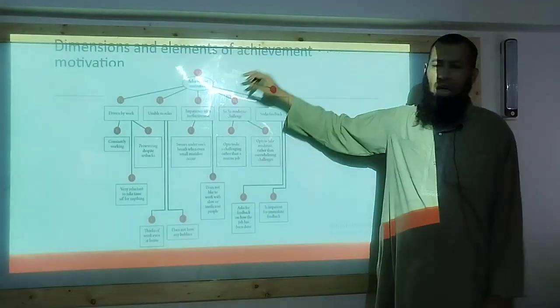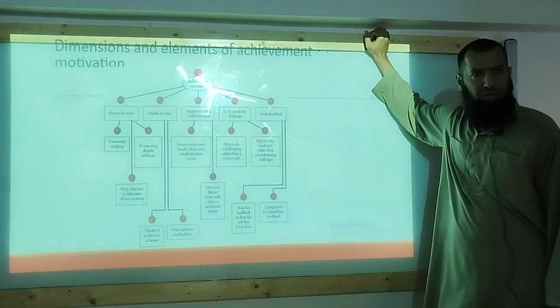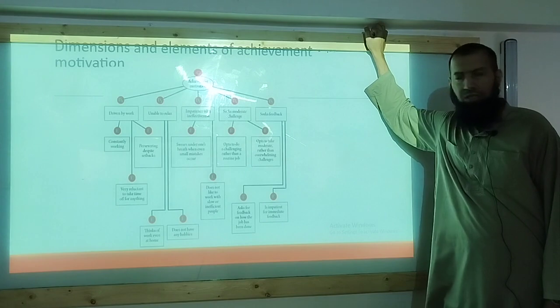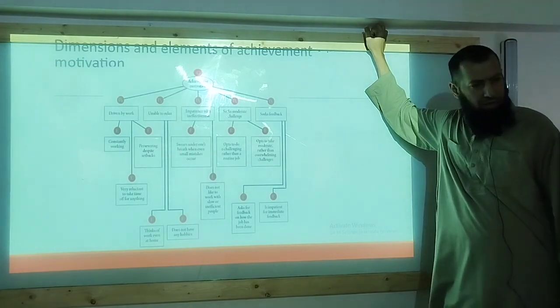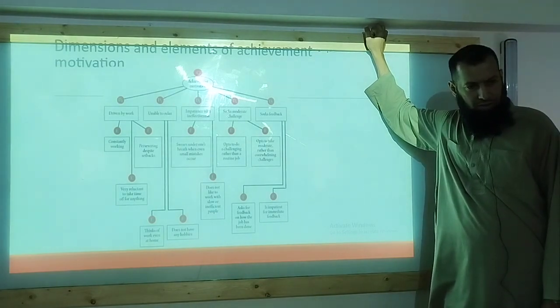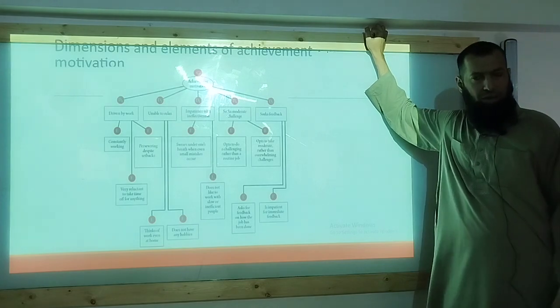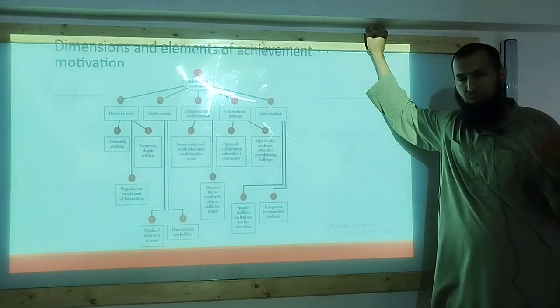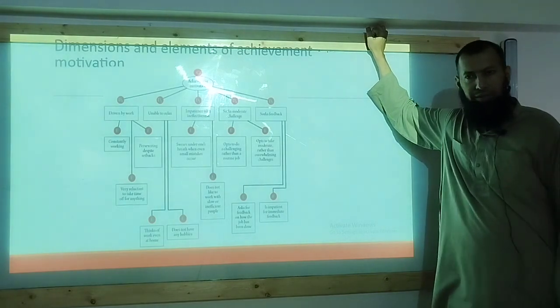First of all, every subjective variable has multiple dimensions. You don't like to write? No, you have to write so that you remember. When you see with your eyes and listen with your ears, then you can easily recall.